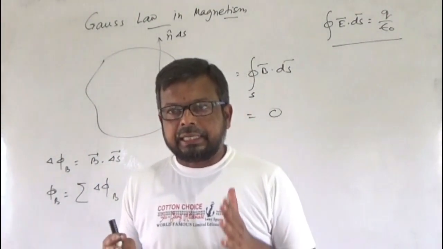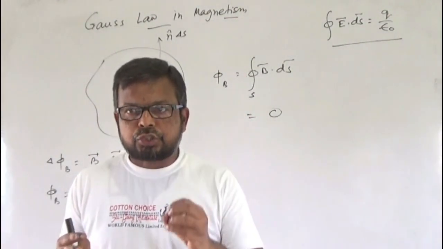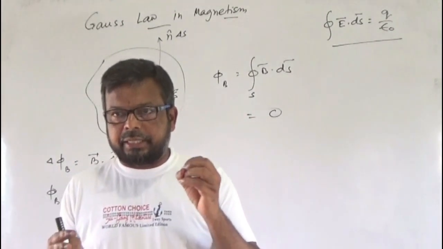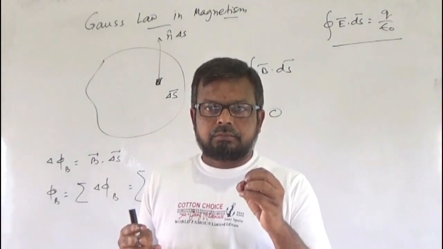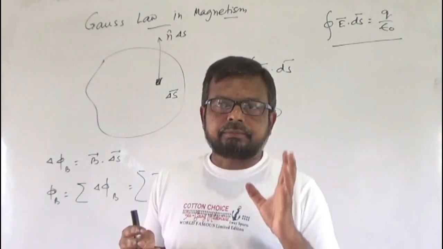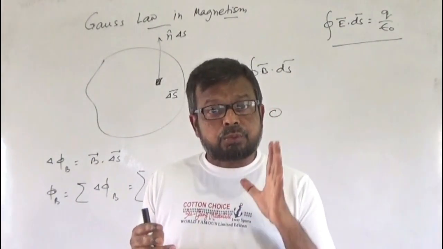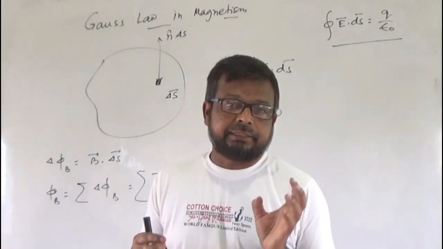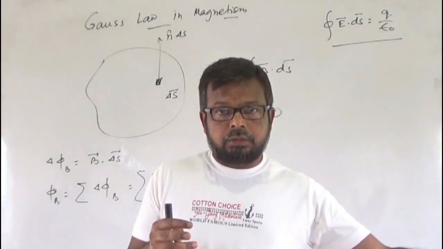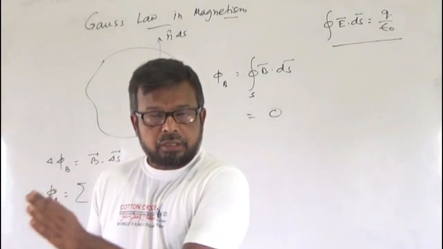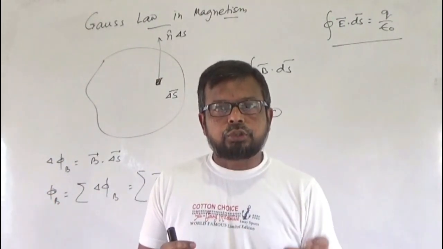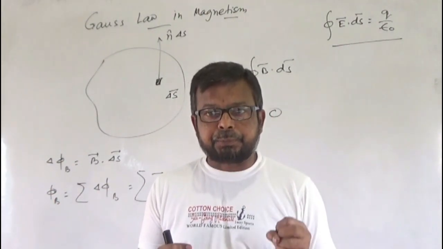Gauss's law is one of the most fundamental, most basic laws of electromagnetism. One is for electrostatics and another is for magnetism. There is no source and no sink of the magnetic field, that is B.